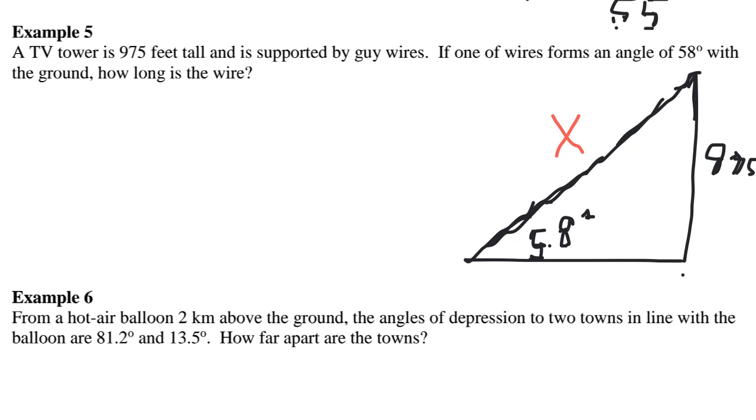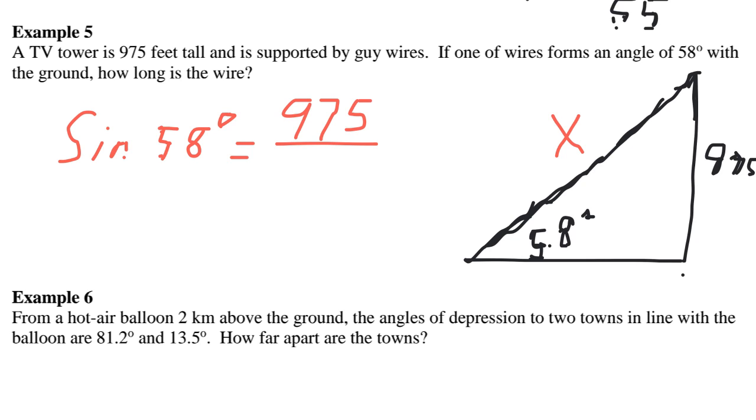We have the opposite, so we're going to use sine. Sine of 58 degrees equals the opposite, 975 over X. That would be X equals 975 divided by sine 58, and you get 114.969, so 114.97 feet.